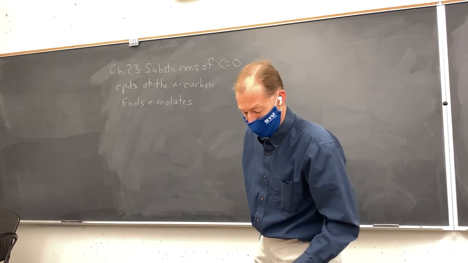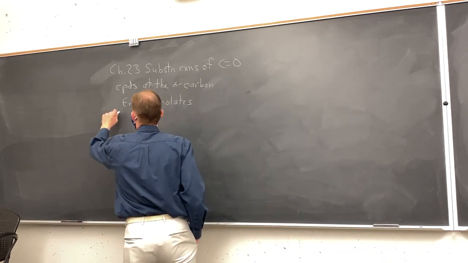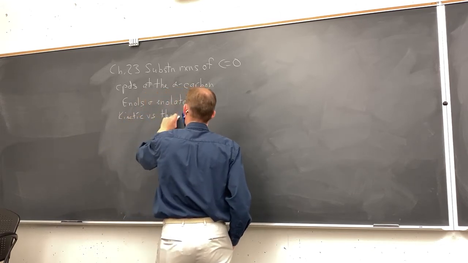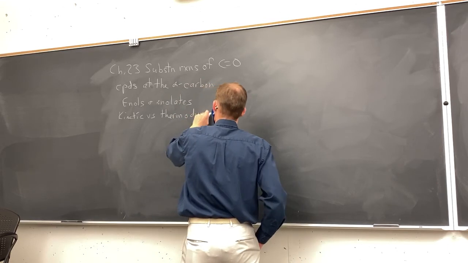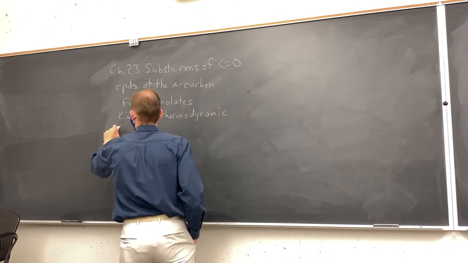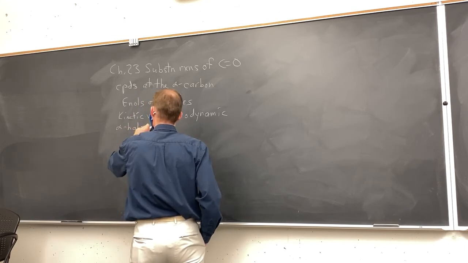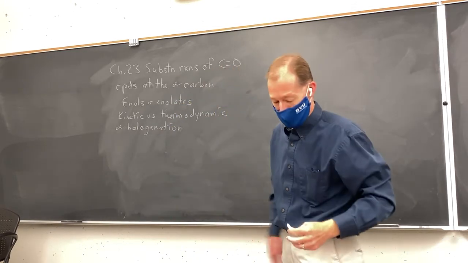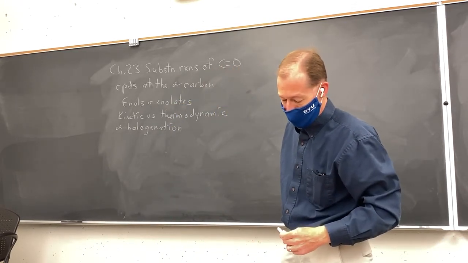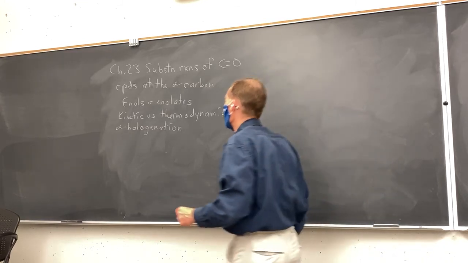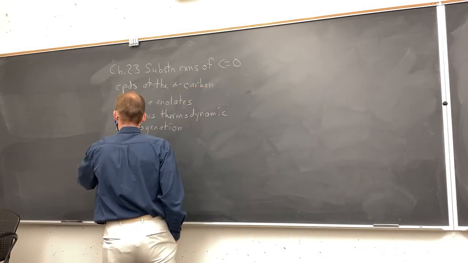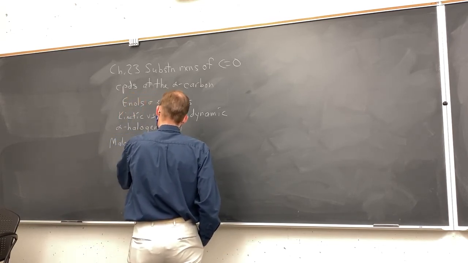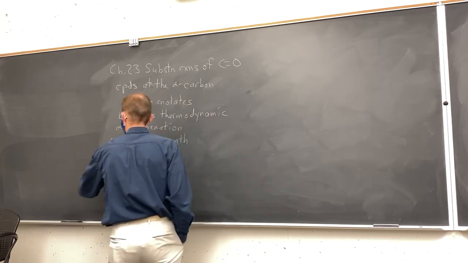We also learned about kinetic and thermodynamic enolates. We learned about an alpha halogenation reaction. The haloform reaction is kind of a subset of that reaction. And then we learned about malonic ester synthesis and acetoacetic ester synthesis.